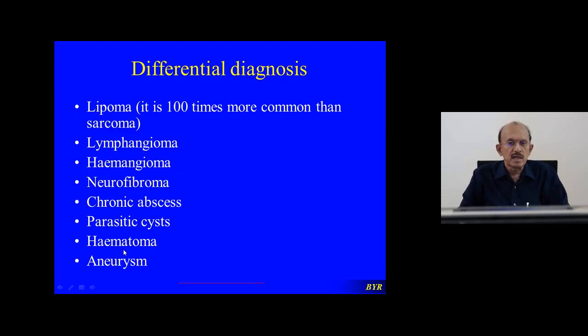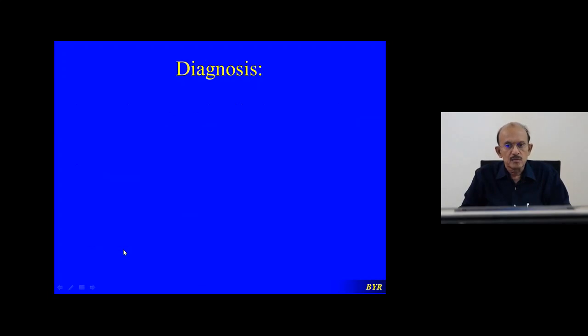So the benign tumors occurring in the muscles or deep to the muscles are usually lipoma, lymphangioma, hemangioma, neurofibroma, chronic abscess, then parasitic cyst, hematoma, and aneurysm. Sorry, it is hematoma and aneurysm.